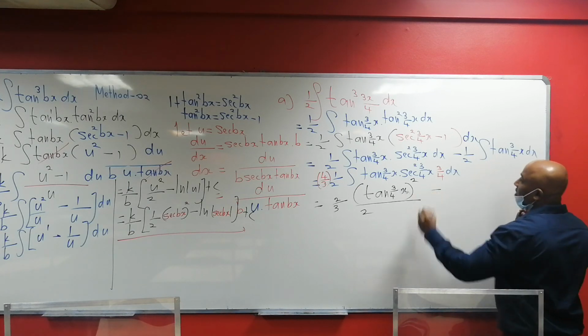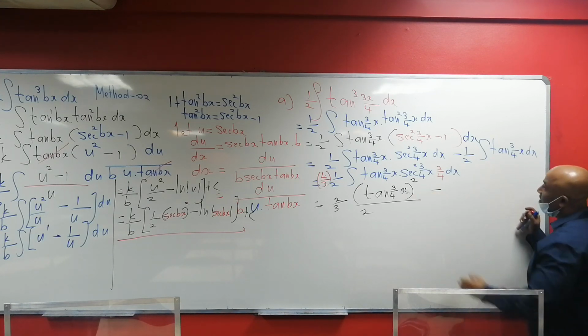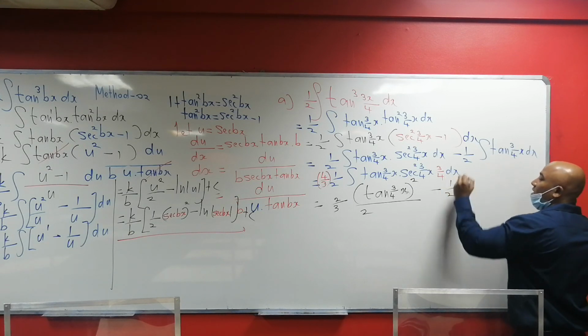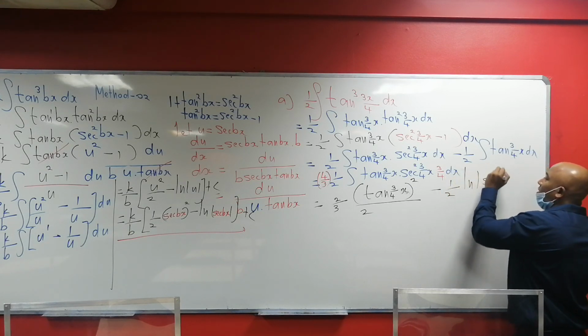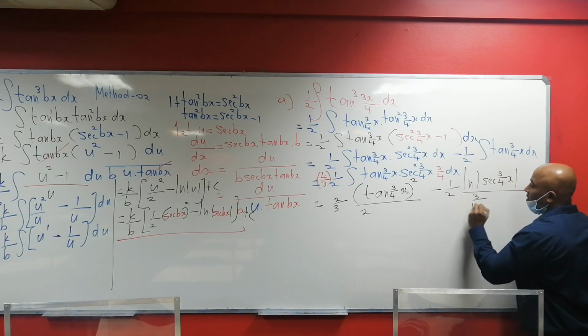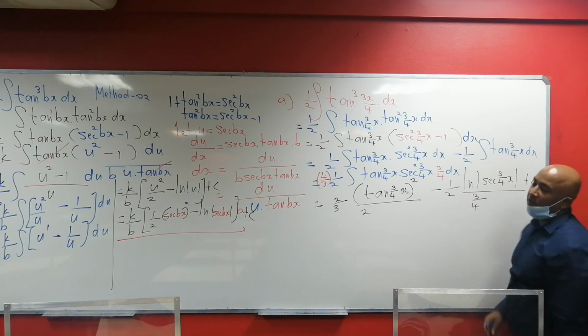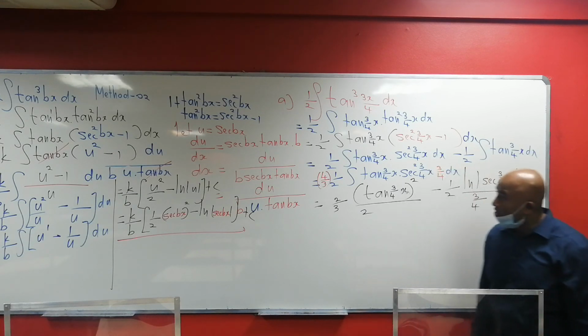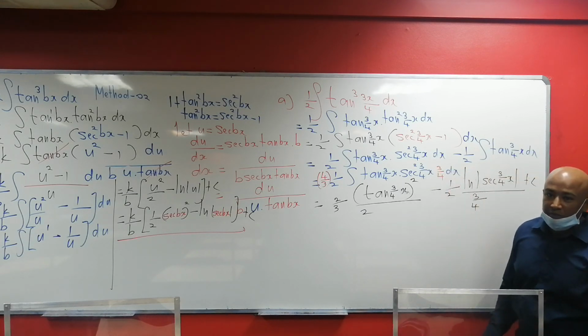Here, straightforward, you know this is a standard integral. So when you integrate tan, it's going to be ln absolute value of sec 3 over 4x, all divided by 3 over 4 plus c. And you're done. You can see, once you know inspection, everything becomes simple.